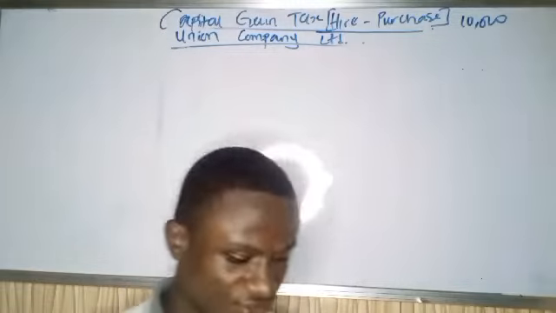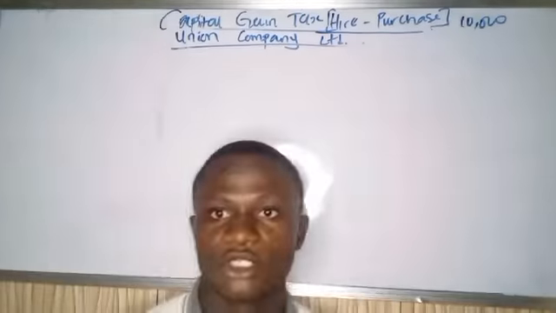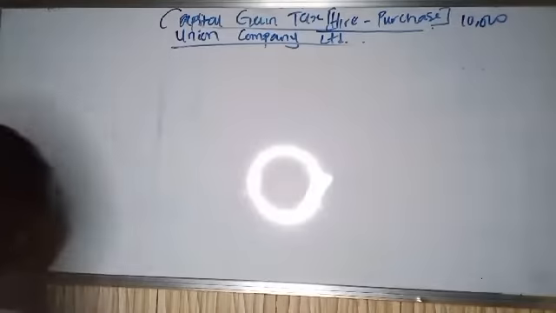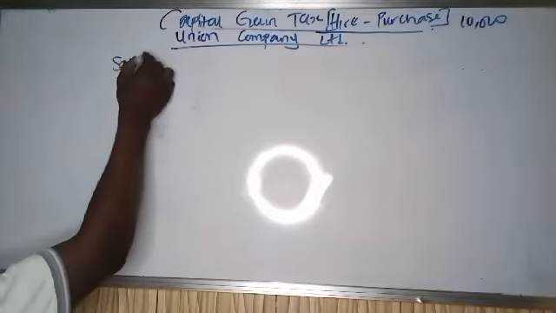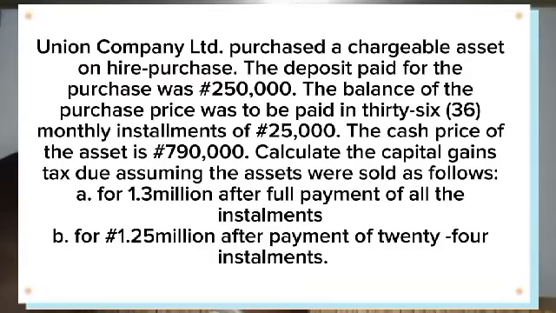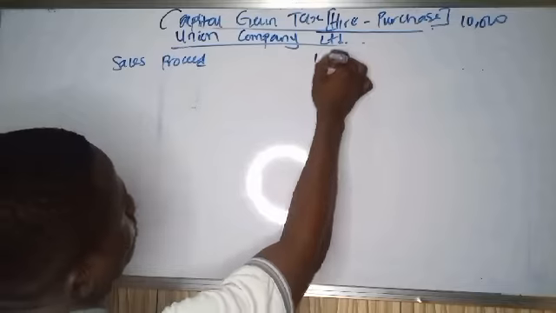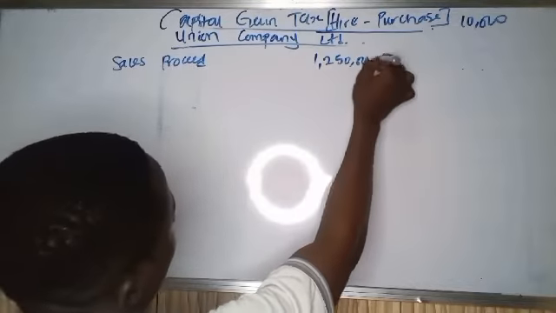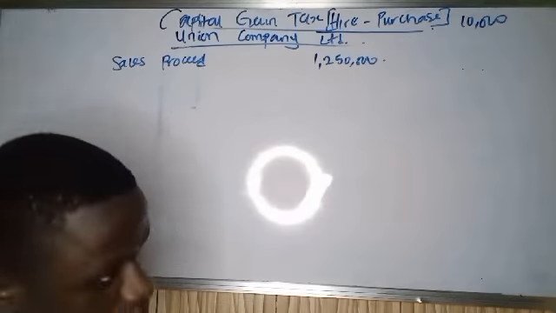We should calculate the necessary things. Our sales proceed, as given in the question, is 1,250,000.